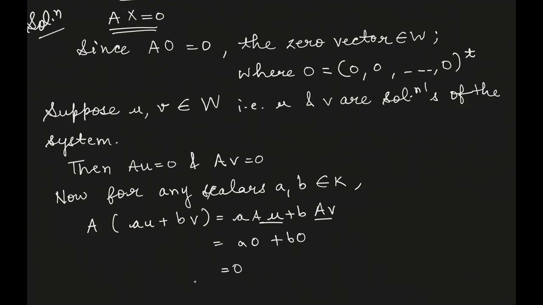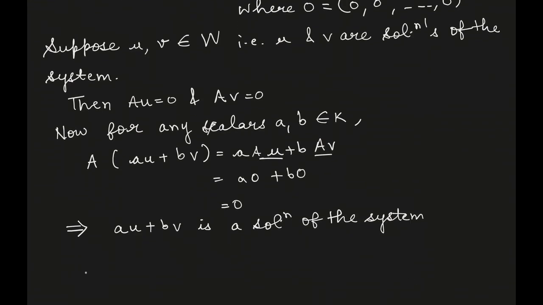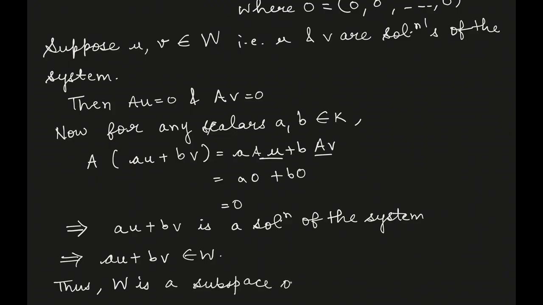So this will be 0. So AU plus BV is a solution of the system, which means AU plus BV belongs to W. Thus, W is a subspace of Kn.